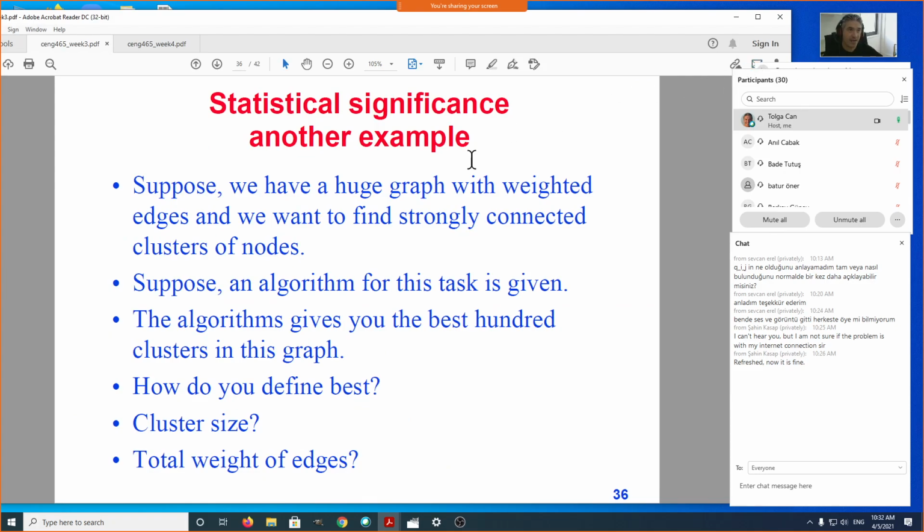We had to compute the statistical significance for the results that our algorithm found, and I'm just going to give it as an example to show you how statistical significance can be computed. All right. So now let me stop the recording.